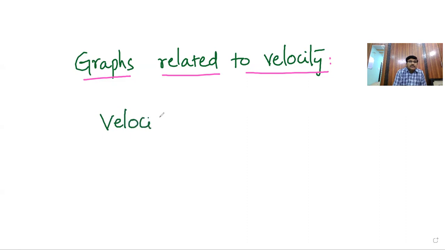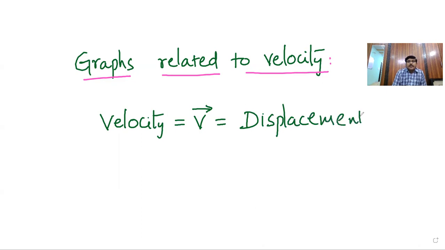What is velocity? Velocity is v bar, since it is a vector, v bar is nothing but displacement by time. Simple definition is displacement by time.